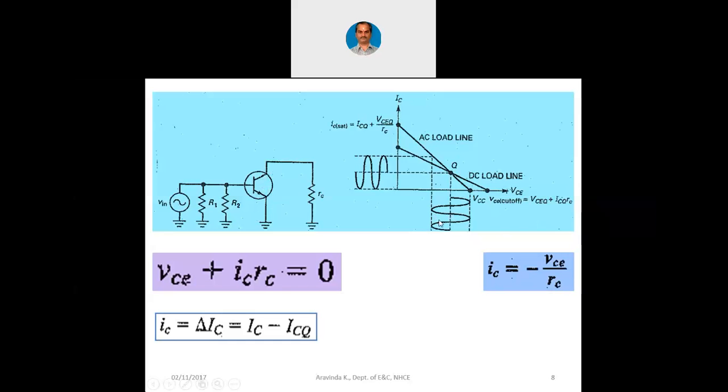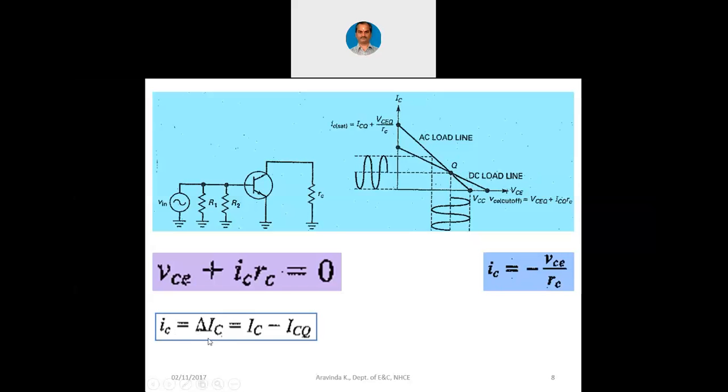You can see this picture here where input is applied and the output is obtained with respect to Q. And you can see with respect to that, there is no distortion at the output. Now, that is plotted with respect to the AC load line, not with respect to the DC load line, even though the Q point is the same for both of them.